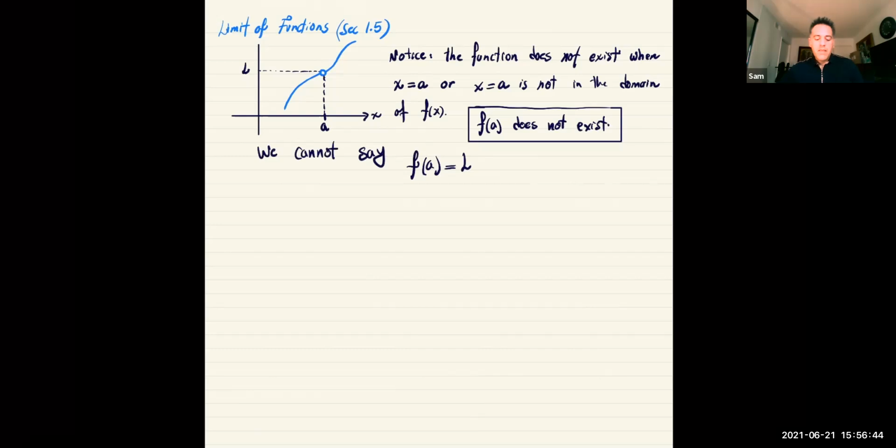But we can somehow describe what happens to the y values as x gets close to a.